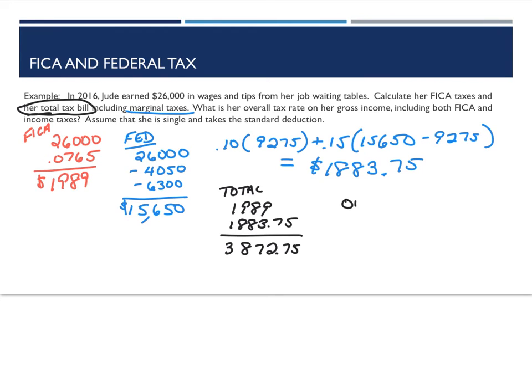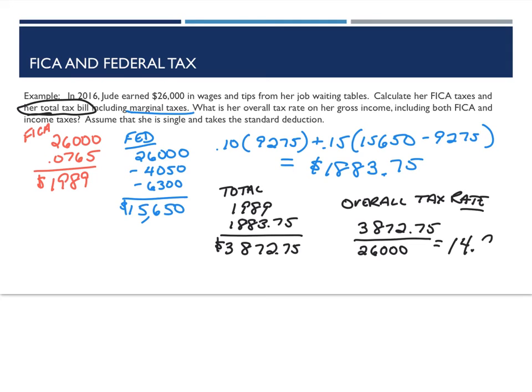If we want to do her overall tax rate, that is going to be a percentage. So we take how much she paid total, divided by how much she made total, and change it to a percent. Her overall tax rate is 14.9%.